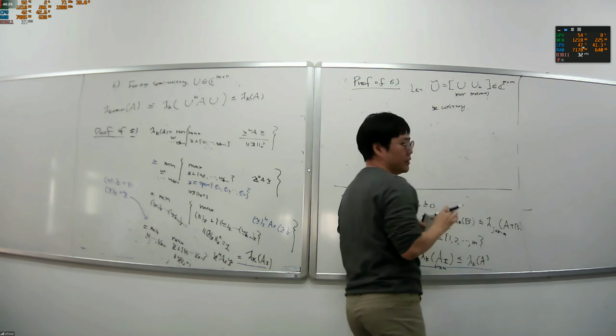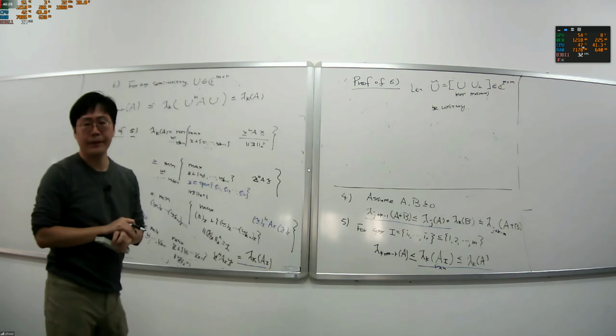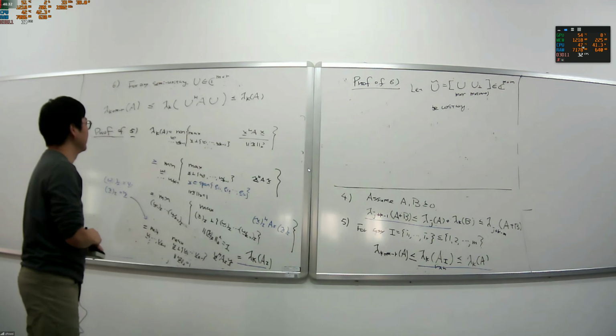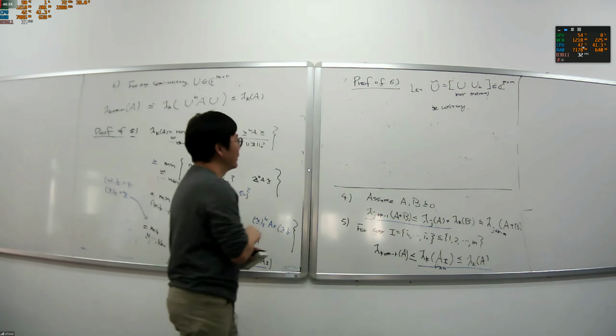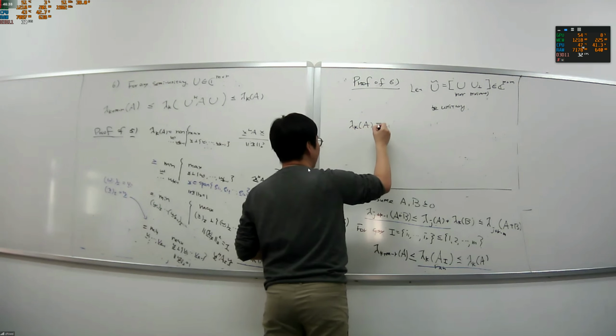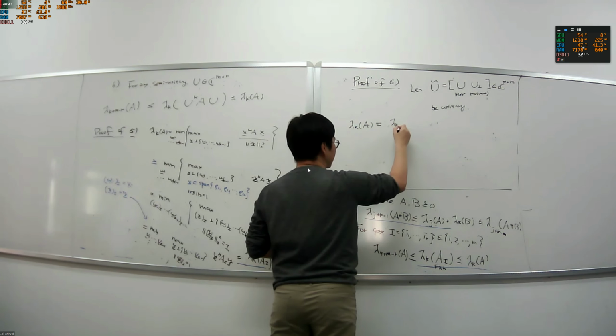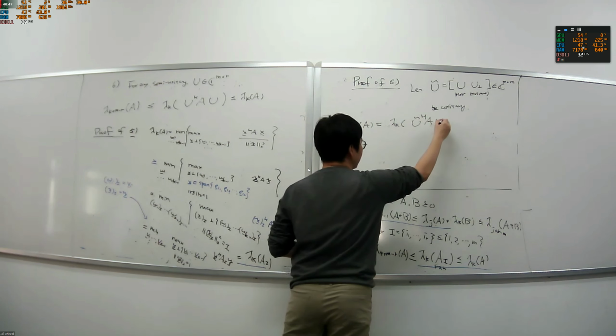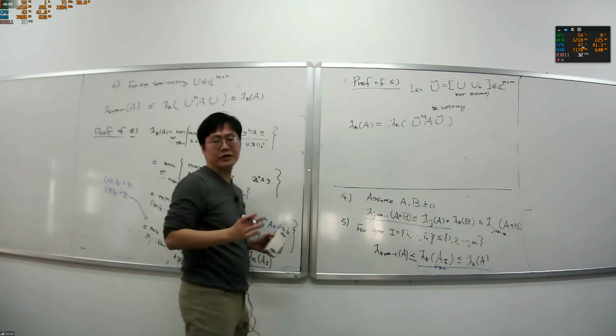Right? So U tilde is unitary. So the k-th largest eigenvalue of A is actually the same as the k-th eigenvalue of U tilde Hermitian A U tilde, because U tilde is unitary.